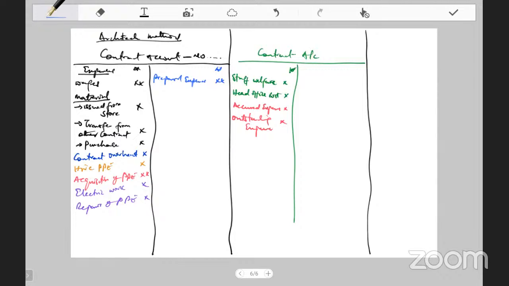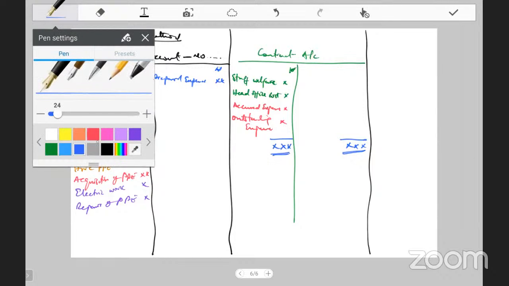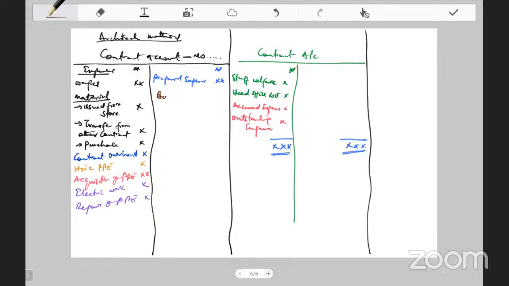Now, at the end of the day, all your expenses would have been accounted for. You now have to ask yourself, is it all the expenses that you have utilized? If the answer is no, you bring them here as what is called balance carried down.